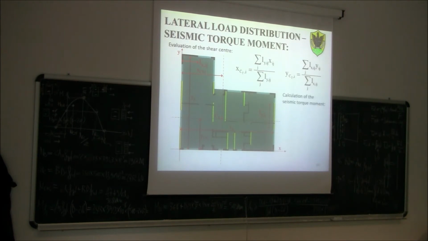So once I know the center of stiffness, then I can calculate the seismic torque moment, because I know the center of mass. If I have a rectangle, the center of mass will be the center of the rectangle. If I have a figure like this, the center of mass will be the center of this figure here, a bit closer to the center of mass of this rectangle.